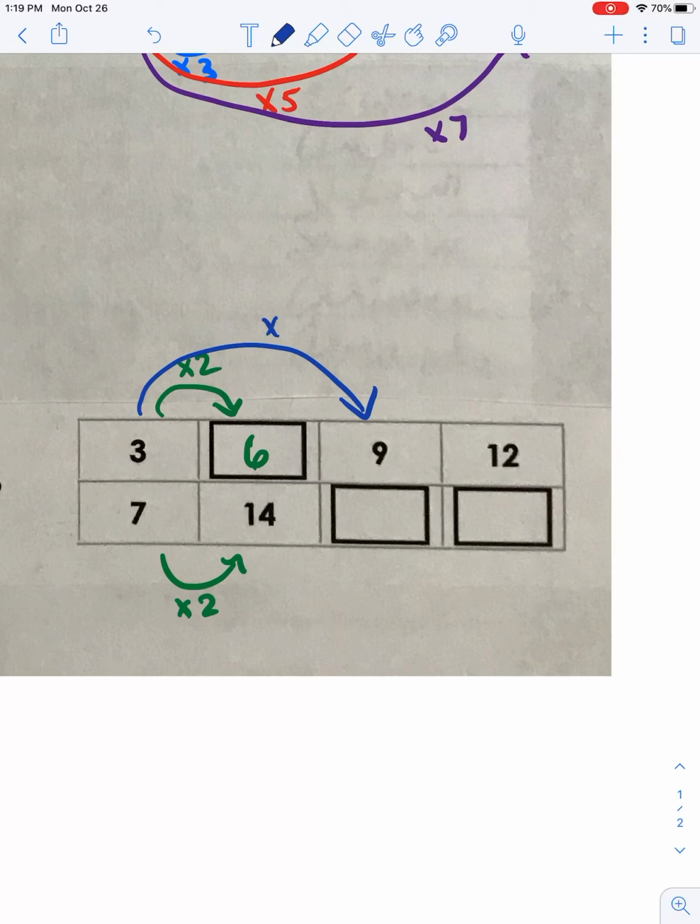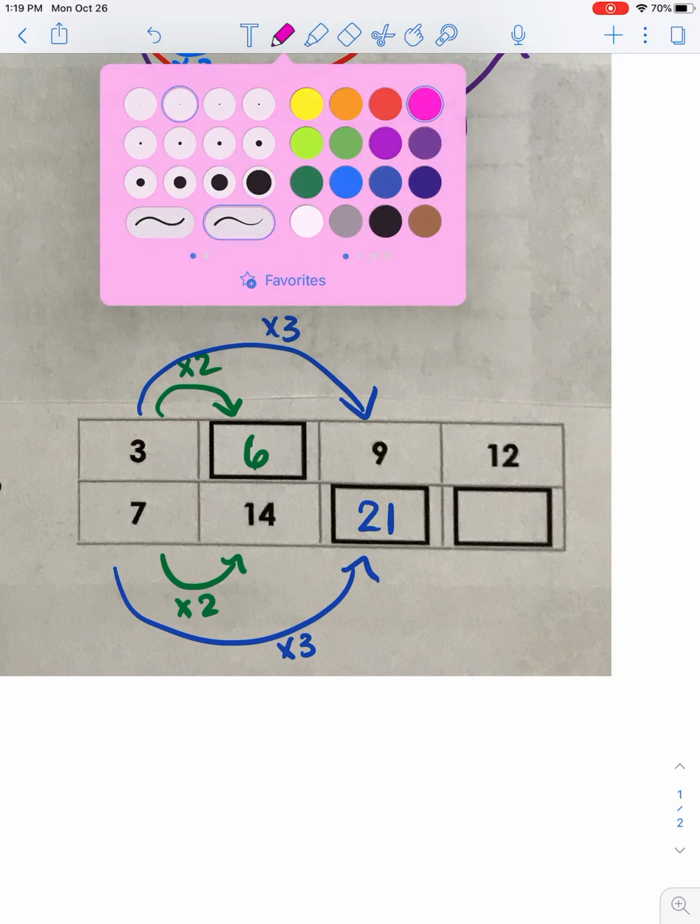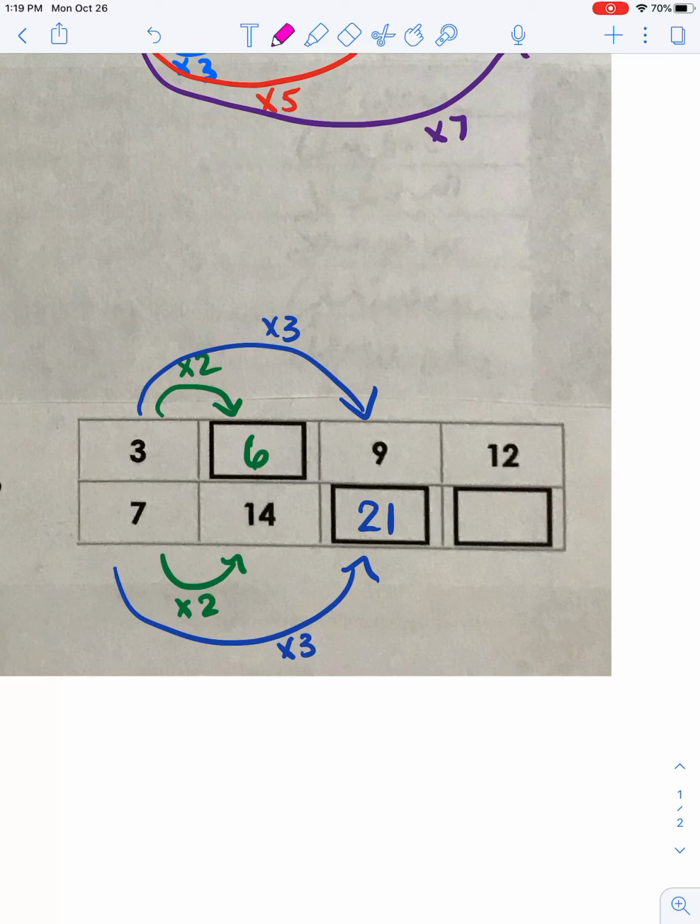So if this is 3 times 2, this is going to be 3 times 3. And 7 times 3 is 21. And lastly, let's change it up a little. Let's do 6 times 2 is 12, and 14 times 2 is 28.